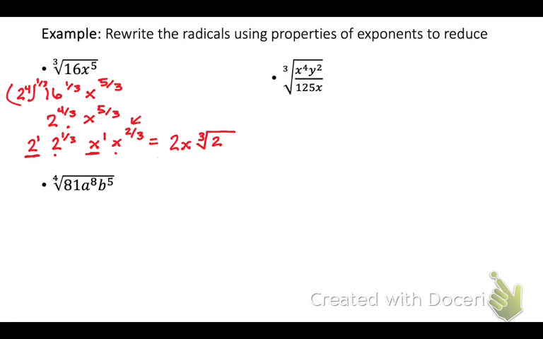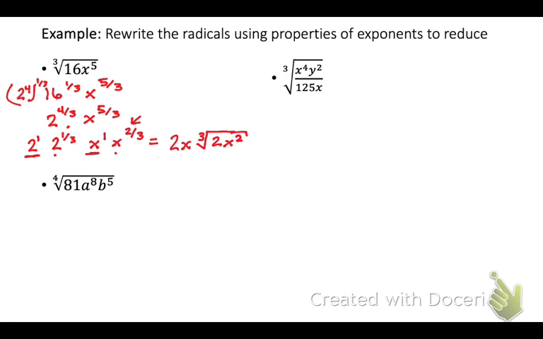Because the 3, where'd the 3 go? To the root. So the 3 was the root, and we left our numerators as our exponents in the radical. Okay, so let's do it again. So I have the cube root of x to the 4th y squared over 125x.